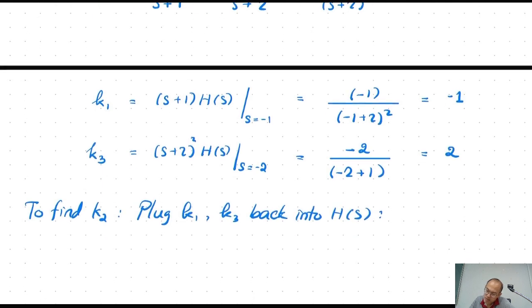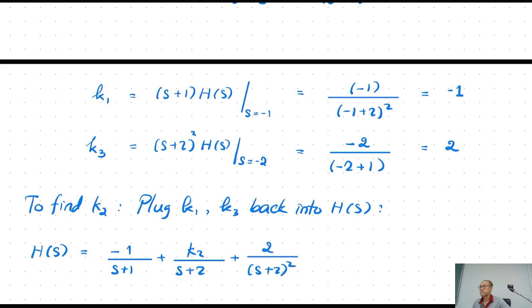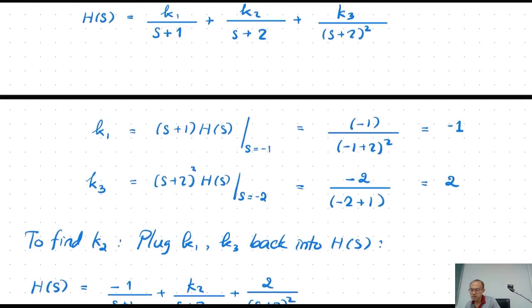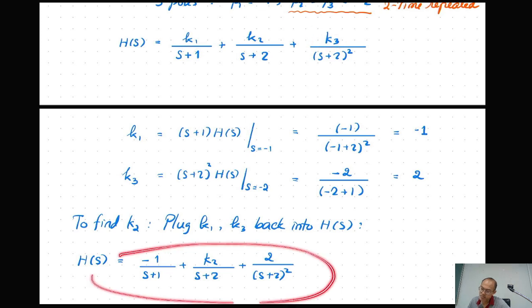When you do that, you're going to have H(s) equal to -1 over s plus 1 plus k2 over s plus 2 plus 2 over (s plus 2) squared. What I did was plug in k1 and k3 that we found back into this equation and get this equation.